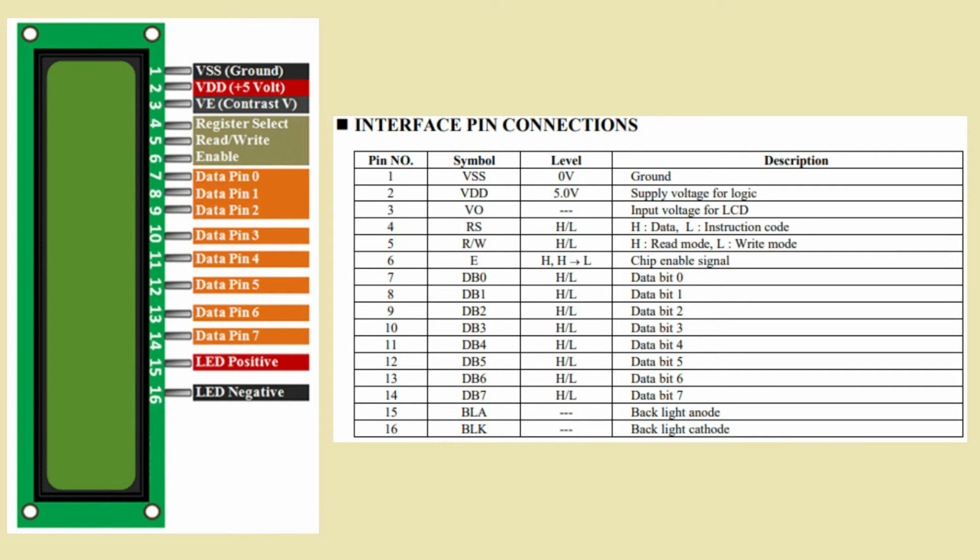The last 2 pins, 15 and 16, correspond to the anode and cathode of the LED diode for display backlighting.